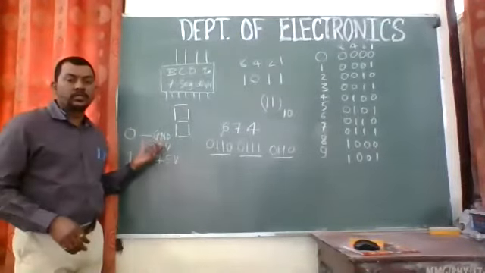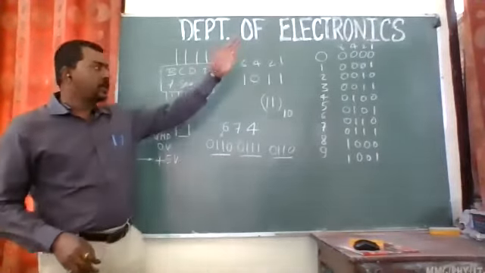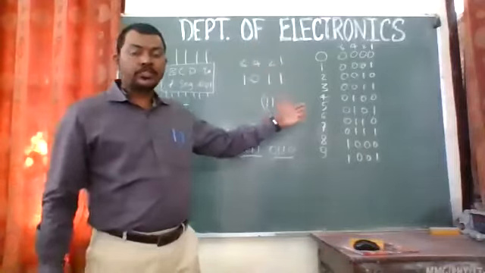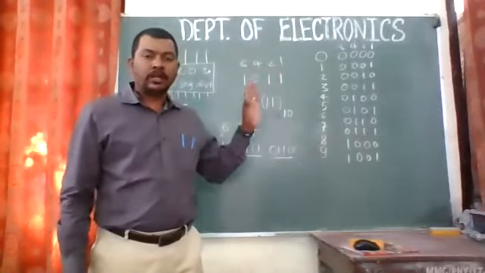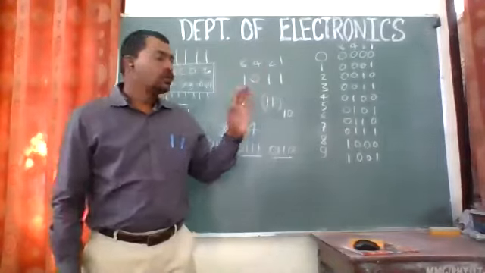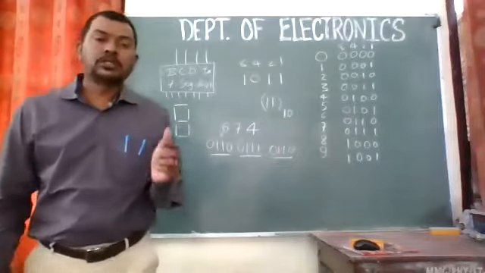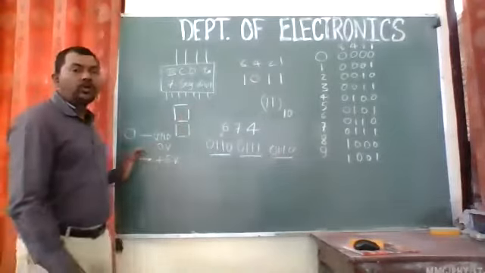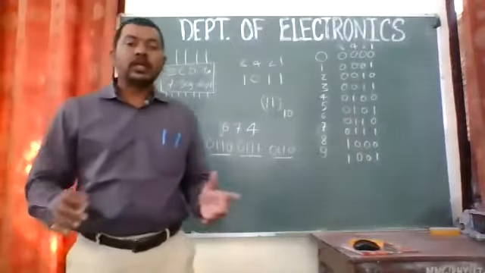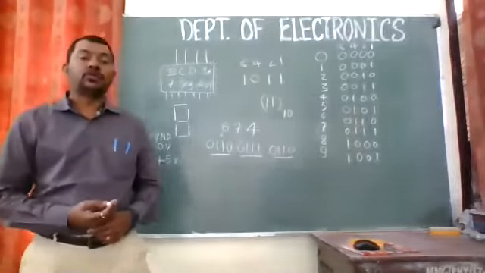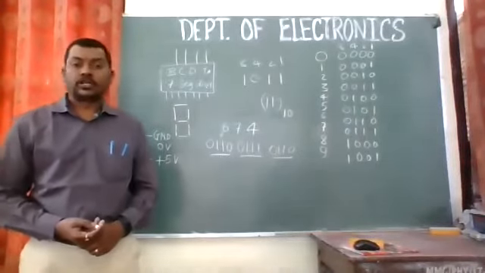So 0 stands for ground, that is 0 volts, and 1 stands for say plus 5 volts. When I write like this, we are using these numbers to understand the number system, but practically 0 stands for ground and 1 stands for plus 5 volt. This is what we are going to study in the coming classes, when we start with our second unit of paper 2, that is logic gates.